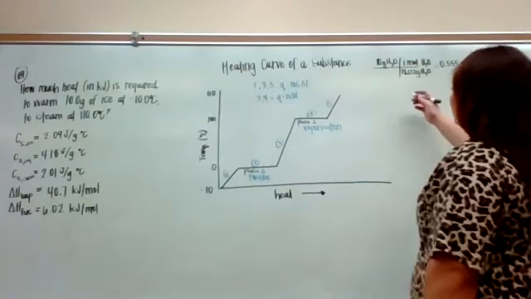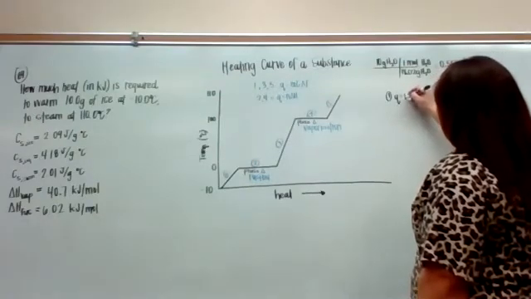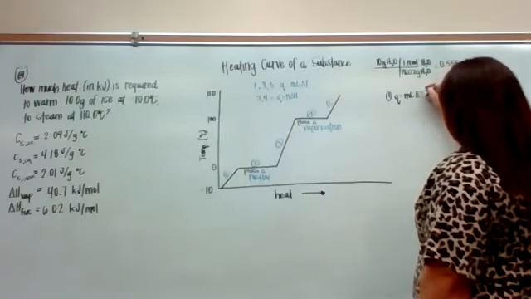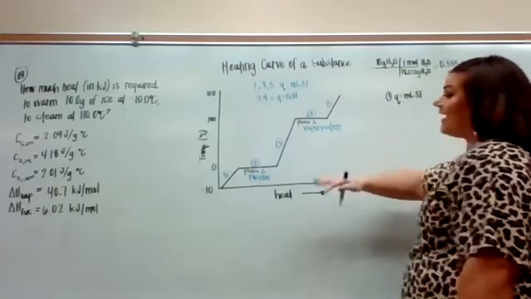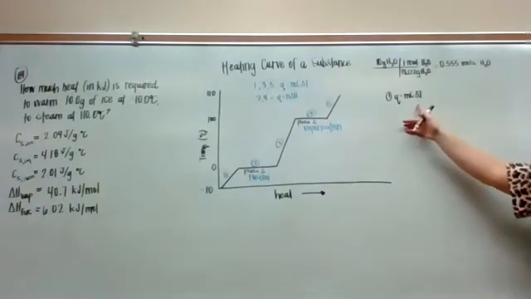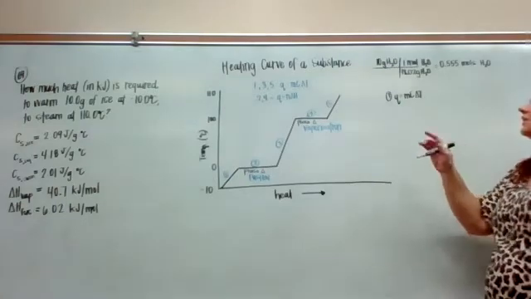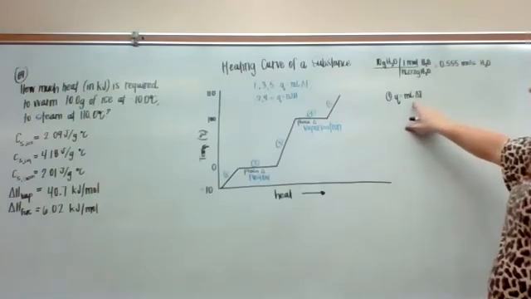All right, so part 1. Q equals MCAT. I always draw this diagram out so that I know my delta T's for each step. You don't have to, but then the specific heat that you're going to use.